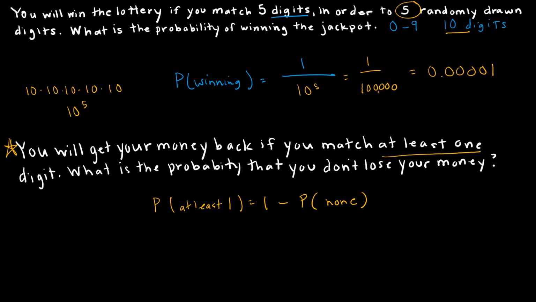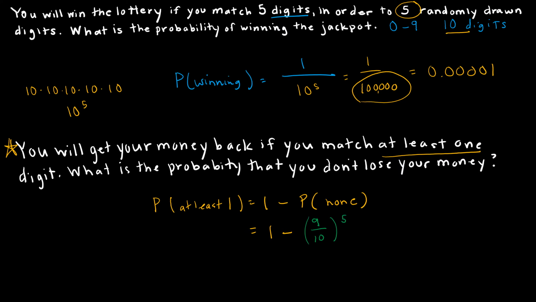So this is where this little rule is going to come into play because it's going to be so much easier. So I'm going to take 1 minus the probability that I don't match. Again, there are 100,000 different ways, but what's the probability that I don't get the correct answer? Well, the first time it's 9 out of 10, the second time it's 9 out of 10, the third time it's 9 out of 10, etc. You see where I'm going with this.